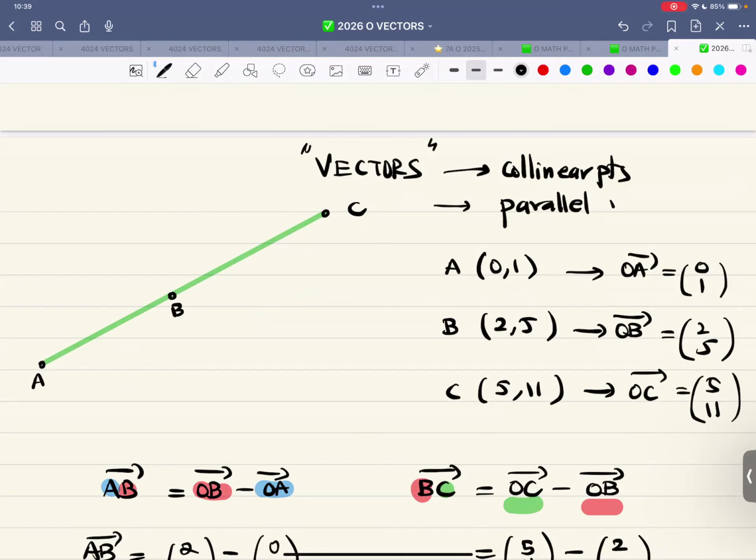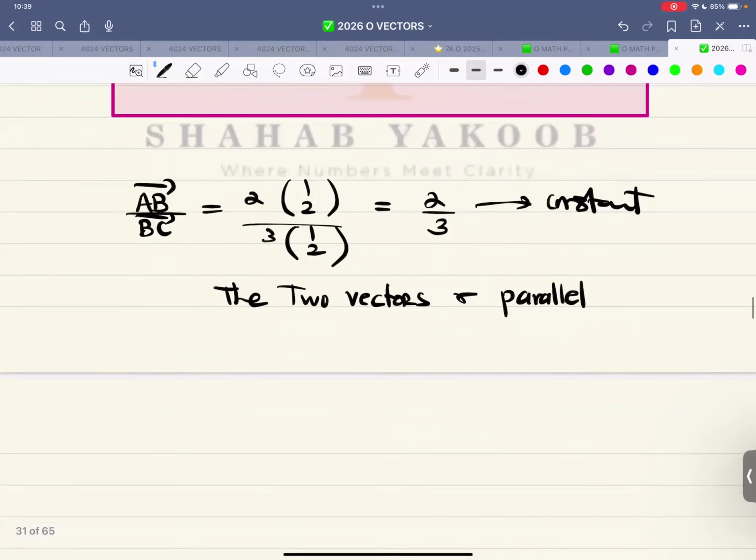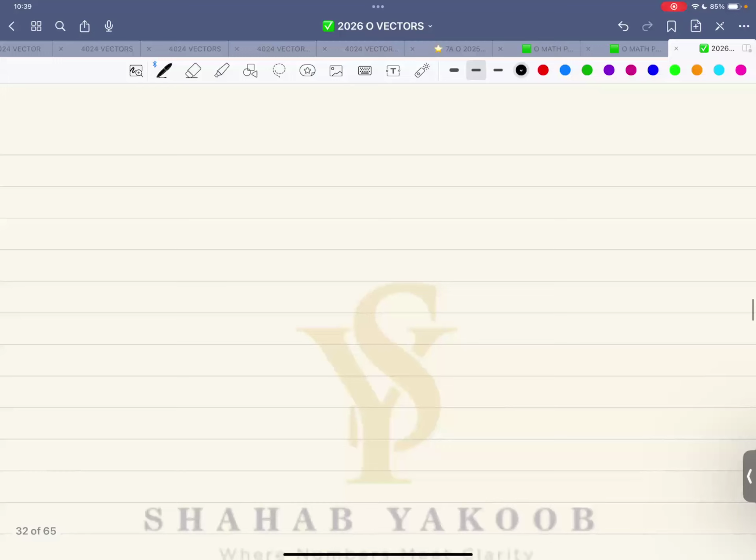Parallel vectors. So far, so good. That is one aspect of coordinate geometry and vectors. Let's move to something symbolic. Let's say there is a vector A. Let me write this as A, and make it even smaller.